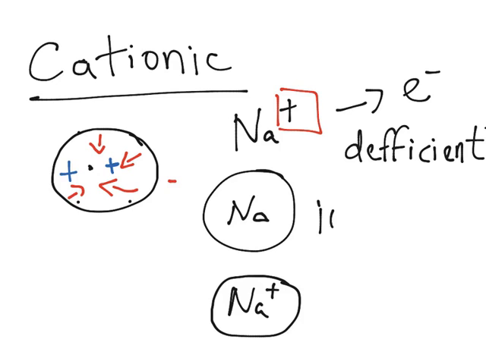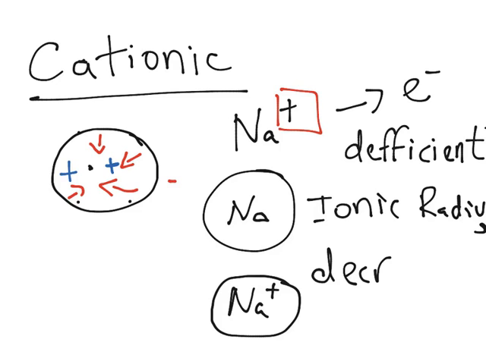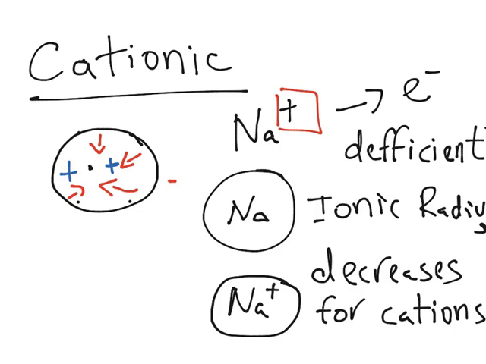So the ionic radius decreases for cations. That's our first ionic radius trend. When you have a cation, a positively charged ion, the ionic radius will decrease.